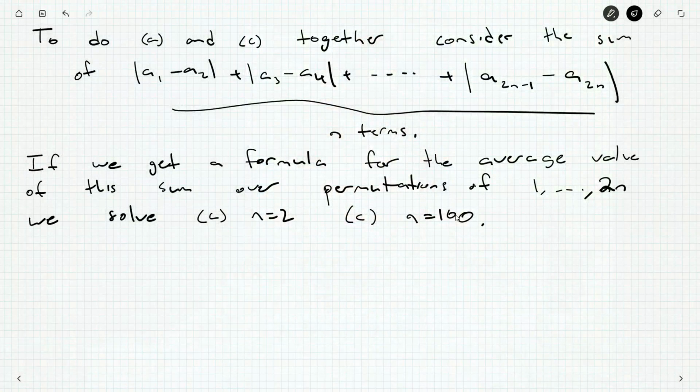Alright, well, what are we to do? We're swimming in the realm of the abstract, and maybe answering the A part will give us a general idea as to how to approach this. So I notice I have n terms.